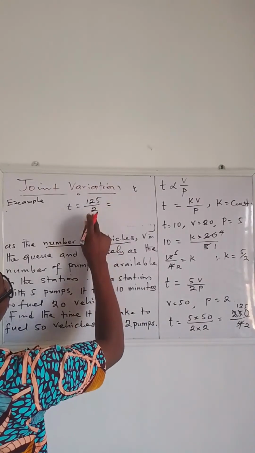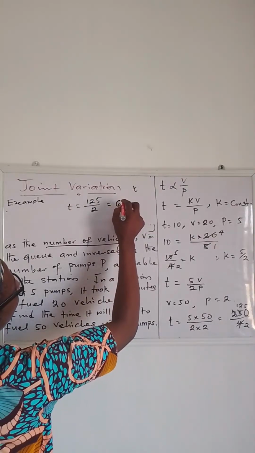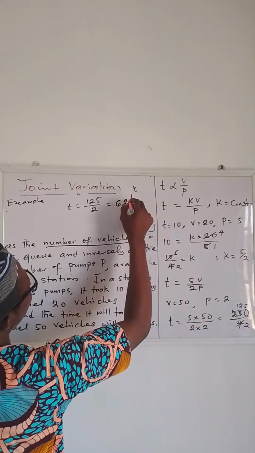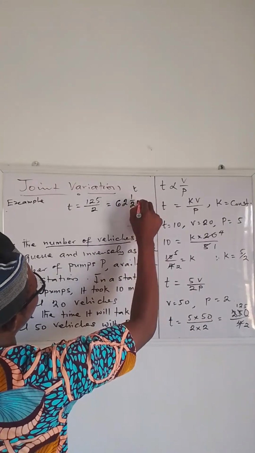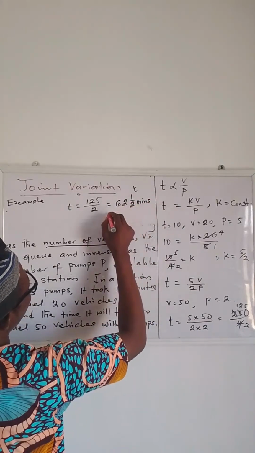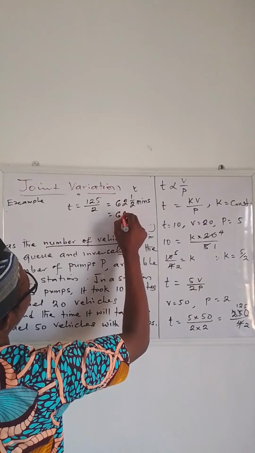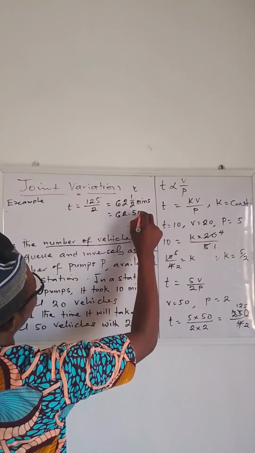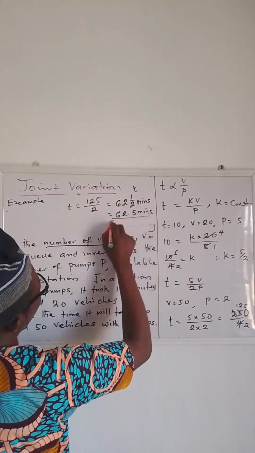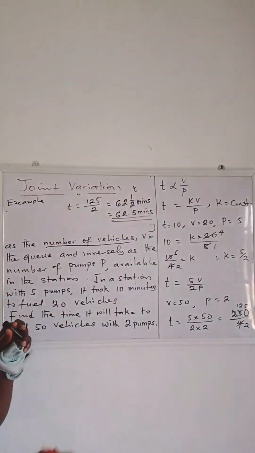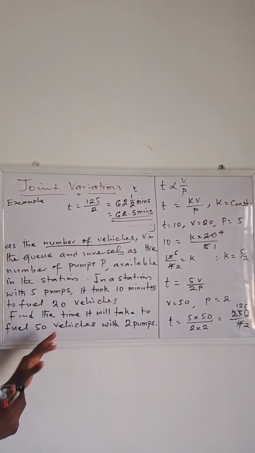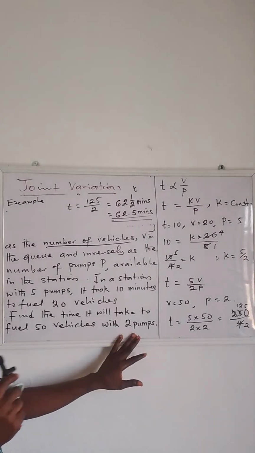That gives you 62 and a half minutes, or you write it as 62.5 minutes. So this is the answer. This is the time that will be used to fuel 50 vehicles with 2 pumps.